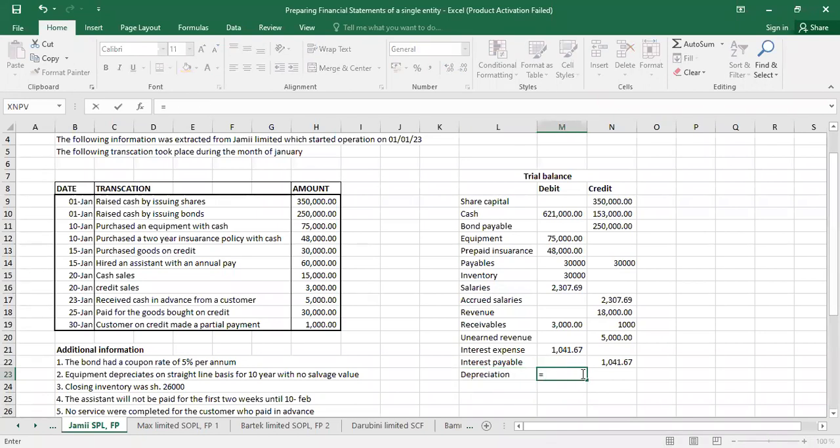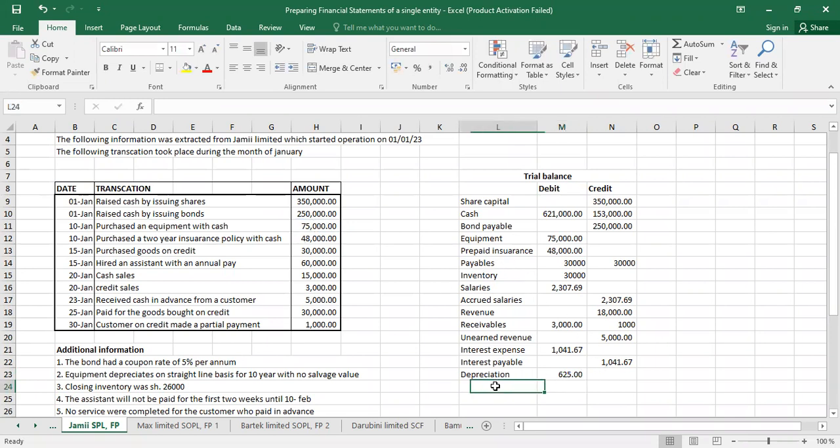So what will be the depreciation? If the equipment is 75 divided by 10 for the 10 years, isn't it? We multiply by 1/12 because we are only dealing with January, isn't it?